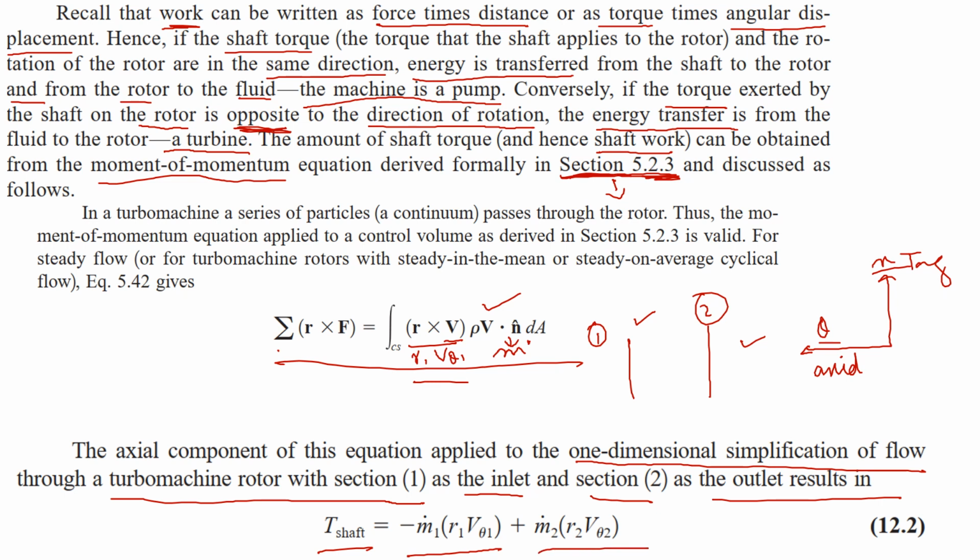The contents that go in are represented as negative, and the contents that move out are represented as positive. This is our methodology so far when treating the control surfaces, inlets and outlets. So now we have our equation for the torque. Now let's move forward and see it in terms of the work and the power that are involved.